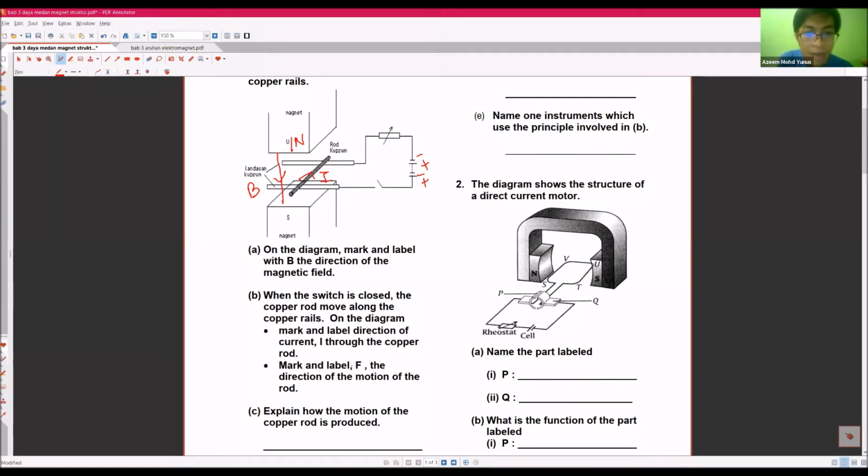C: label the direction of the movement of the rod. For this you have to use left and right. So again, KaDi. We are in the motor effect because we have a battery over here, so we should use the left hand rule.